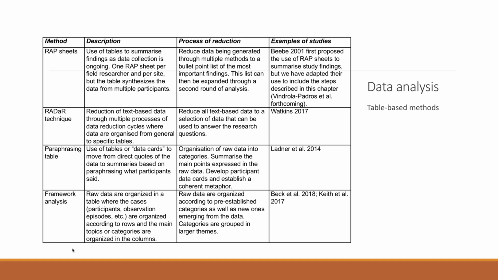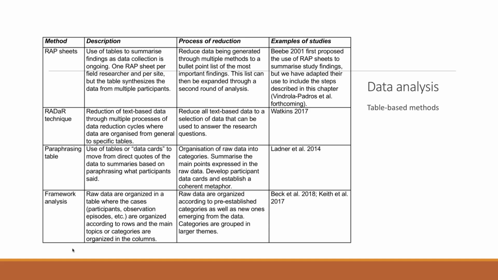So this is the use of, well, I've talked about the rap sheet already, different types of tables or templates or proformas to help research teams reduce the volume of data and identify what the key findings ultimately are.